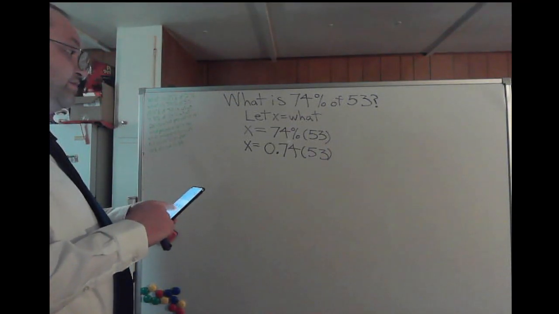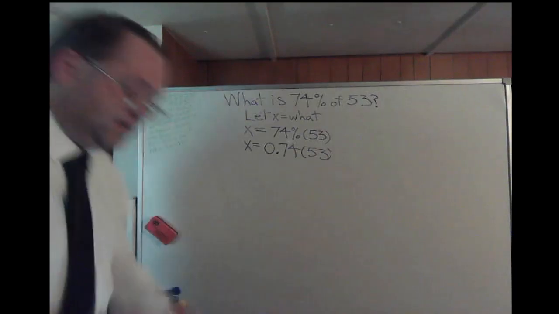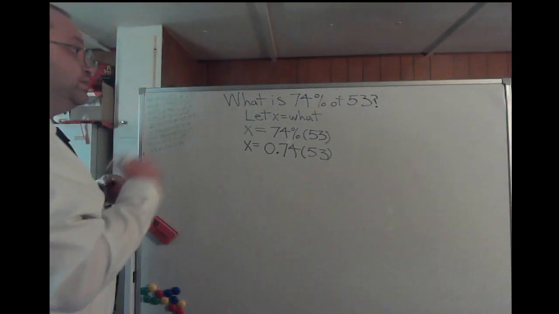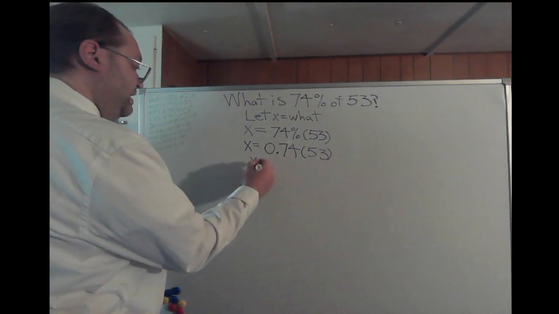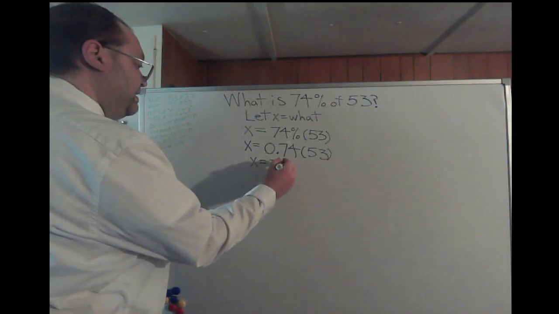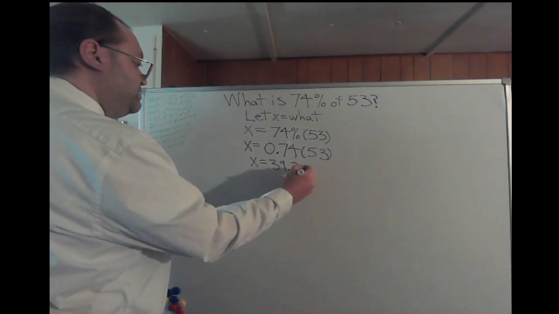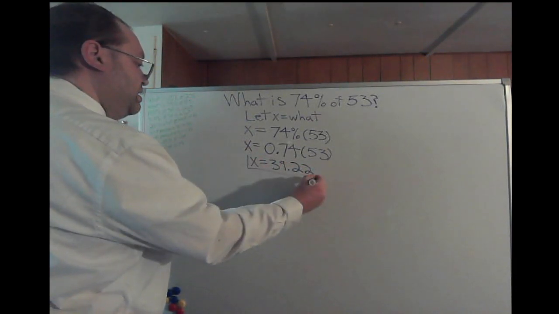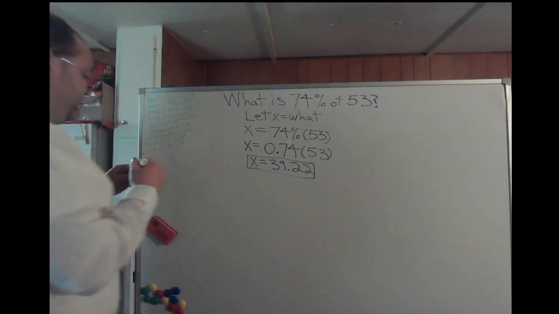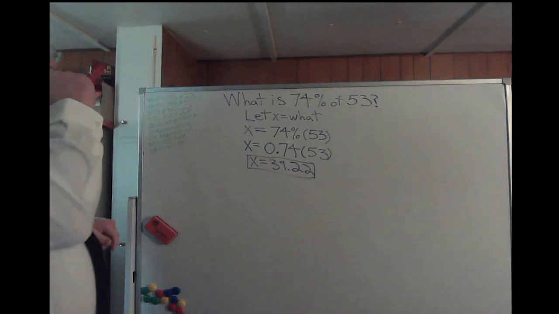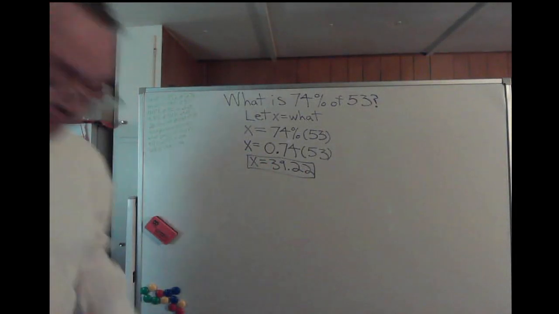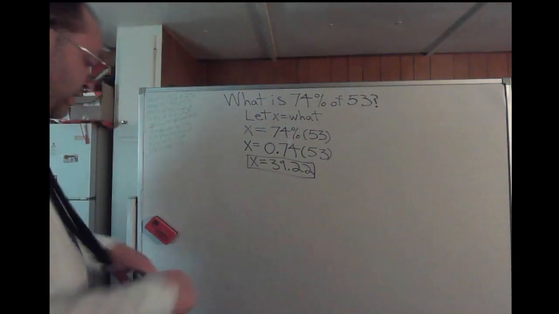So 0.74 times 53, I get 39.22. So x equals 39.22. So it turns out 39.22 is 74% of 53.